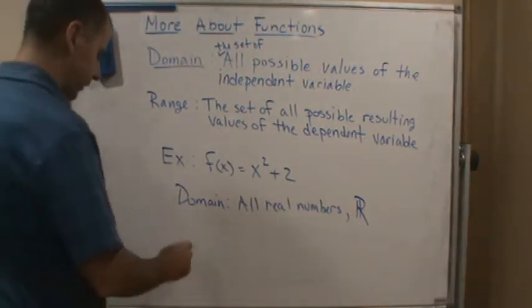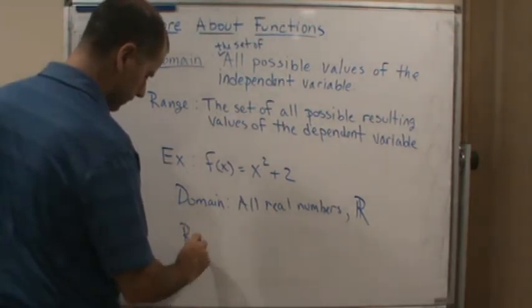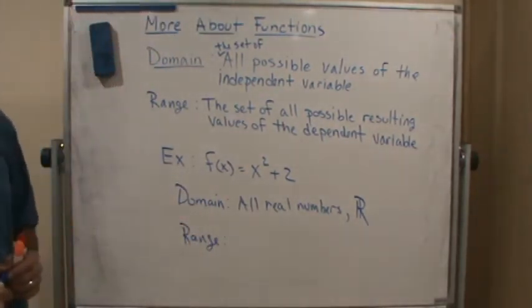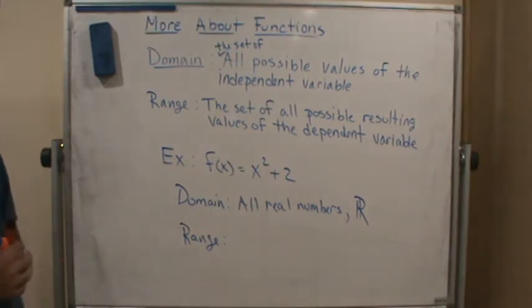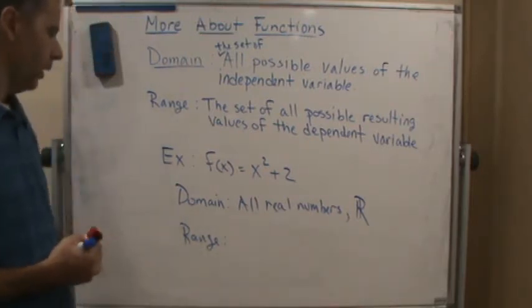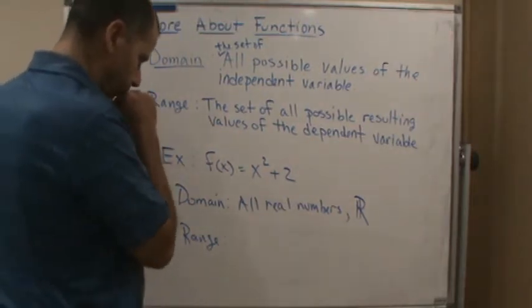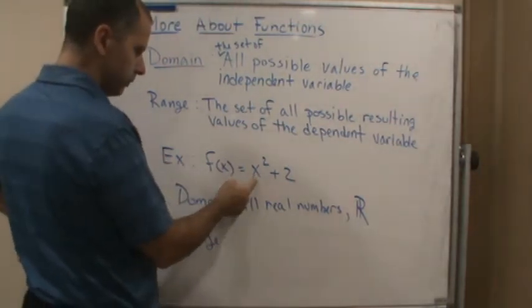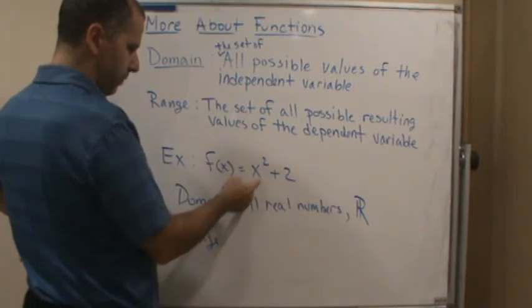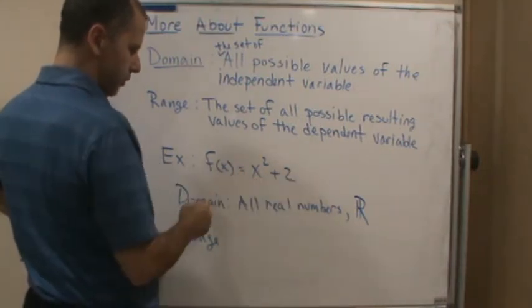Now what about the range? What are all of the possible values that will come out of this function? All the possible values of y. Well, let's think about it. If I put in 0, I'm going to get 0 plus 2, which is 2. If I put in 1, I'm going to get 1 plus 2, which is 3.